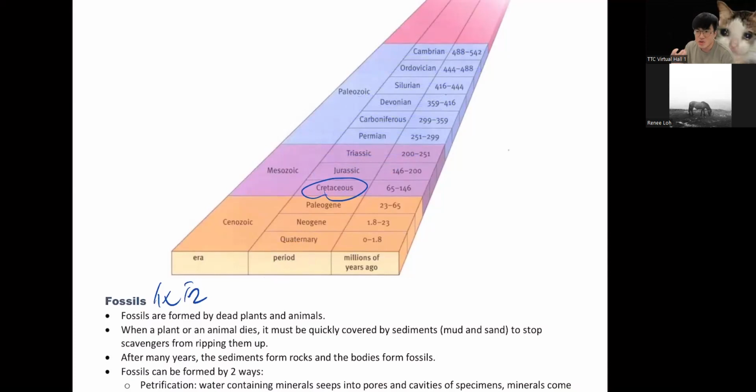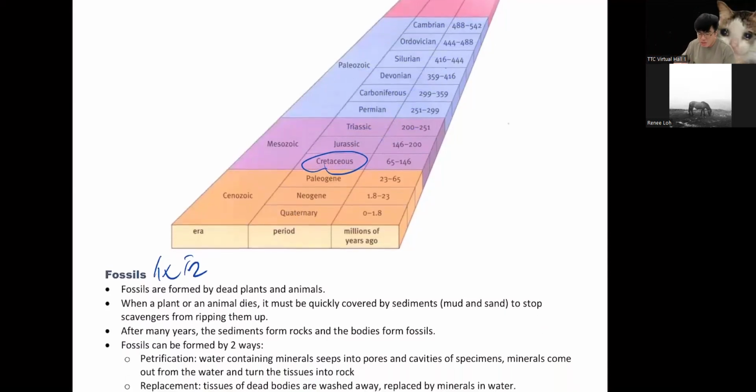When you die, you leave behind bones and shells, right? When those bones and shells harden and turn into stone, that is a fossil. So fossils can confirm what existed back then.